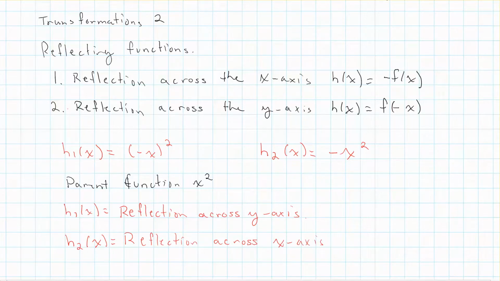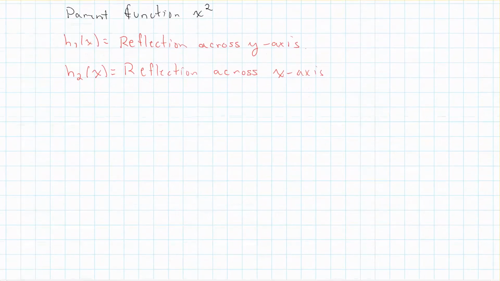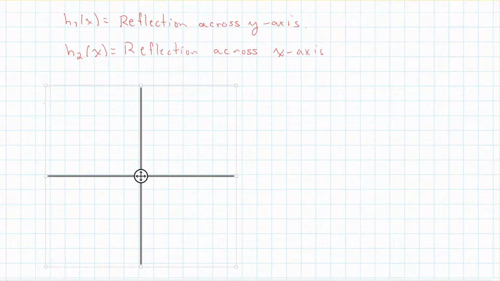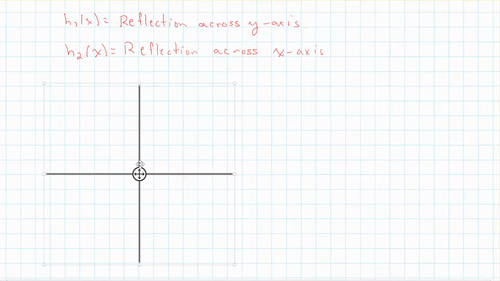So let's just real quickly look at the h2 graph here. The graph for h1 is actually going to be exactly the same, but we could do a reflection about the y-axis at some point as well. But I first want to do a reflection across the x-axis. And so I just want to go ahead and do that very simple one, and then we'll look at some other examples.